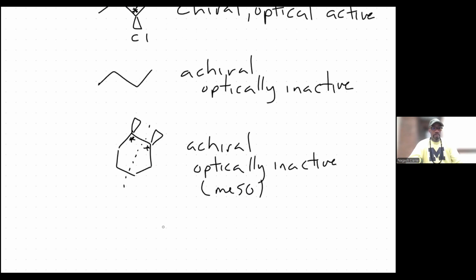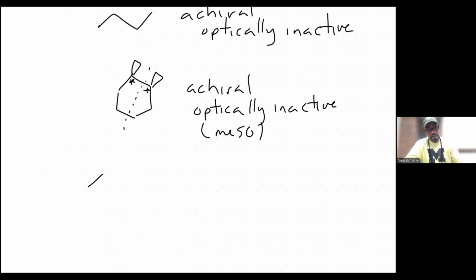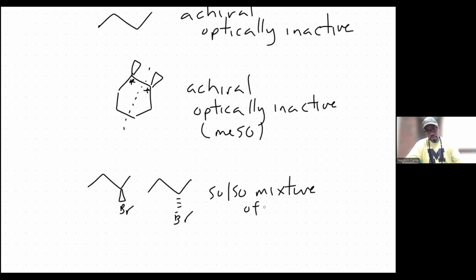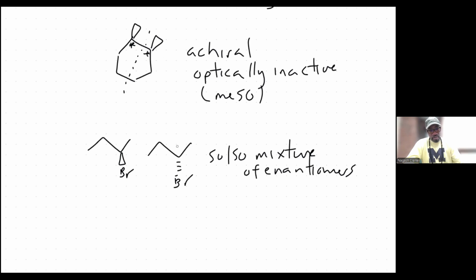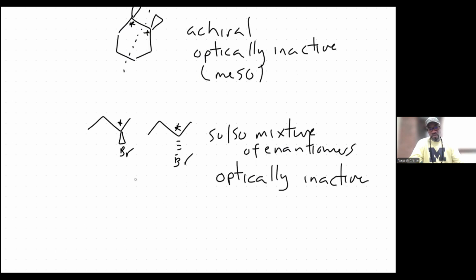Another scenario that we haven't talked about yet is what if I have a 50-50 mixture of enantiomers in a solution, right? Even though we have chiral carbons, the 50-50 combination is going to be also optically inactive. And we call that mixture a racemic mixture.